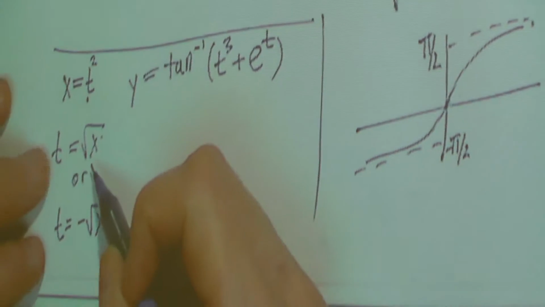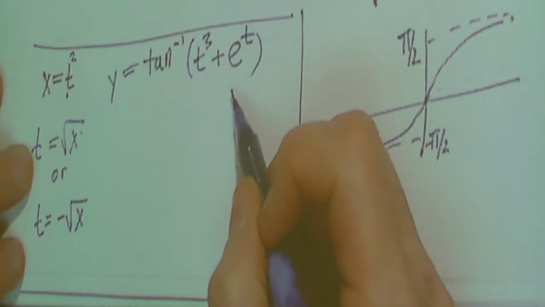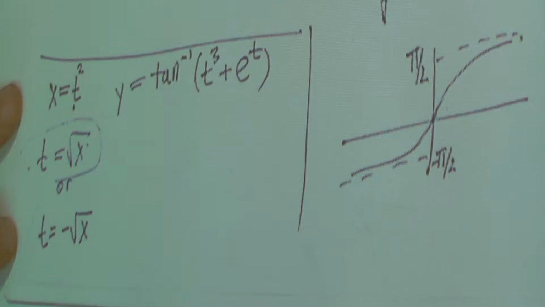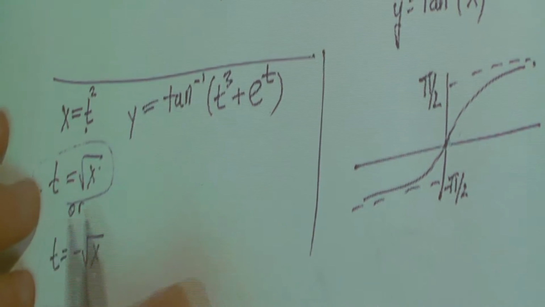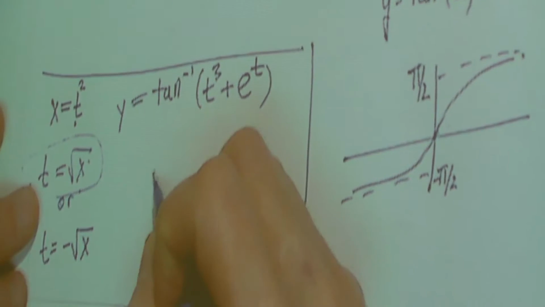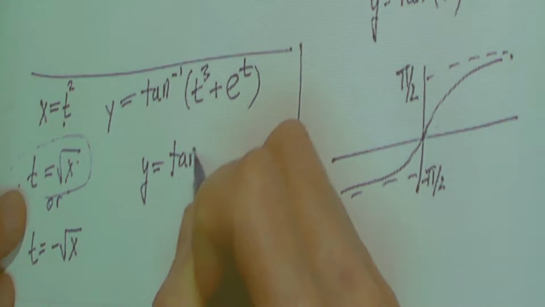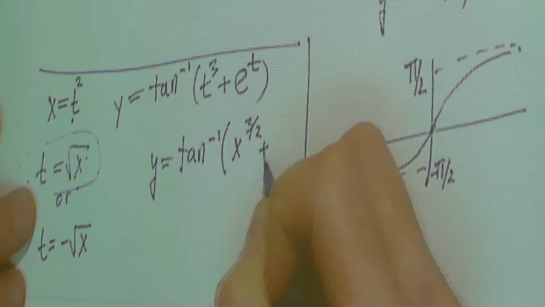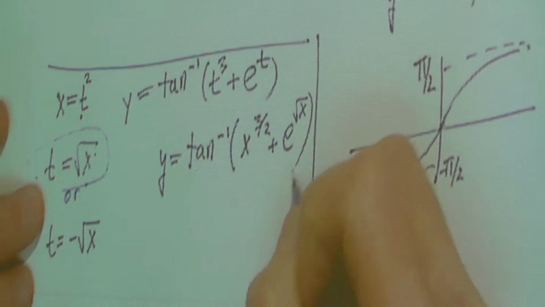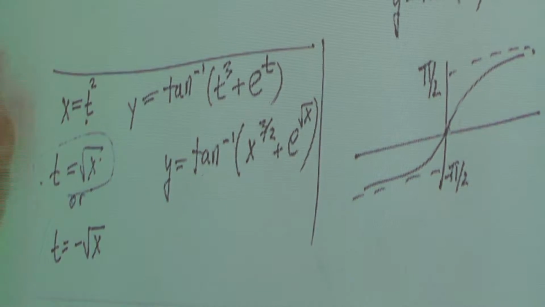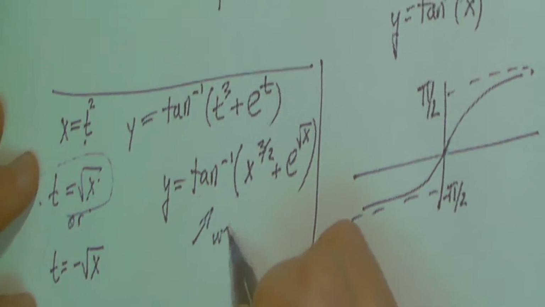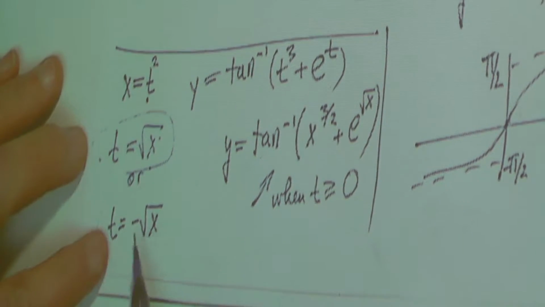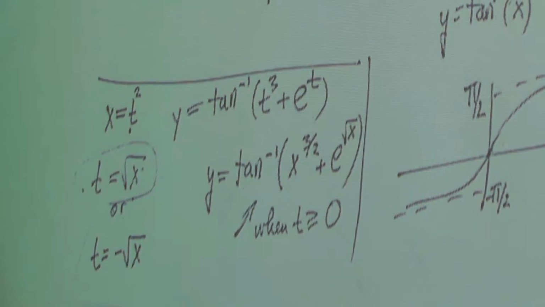So it would be helpful if they said something like t is bigger than or equal to 0, because then I could use this formula. Once I have this, I can write y is tan inverse of x to the 3/2 plus e to the square root of x. This would be when t is greater than or equal to 0, and this guy would get substituted in as well.